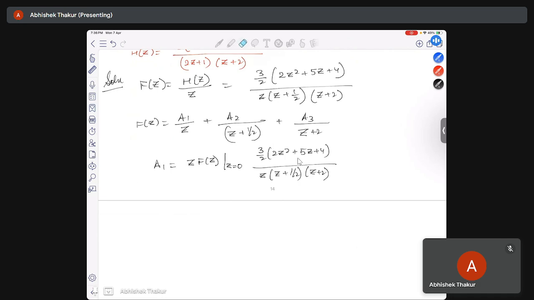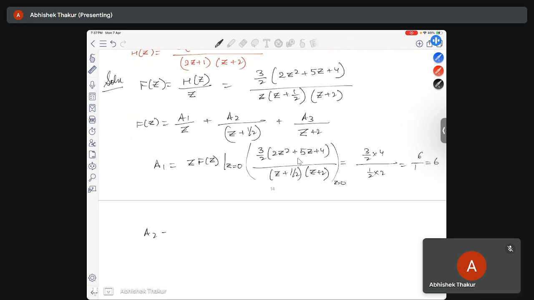Here z is multiplied, so this z will get cancelled. So now when you substitute z equal to 0, we will get 3/2 into 4 divided by 1/2 into 2. So it will be 6/1, so it is equal to 6.